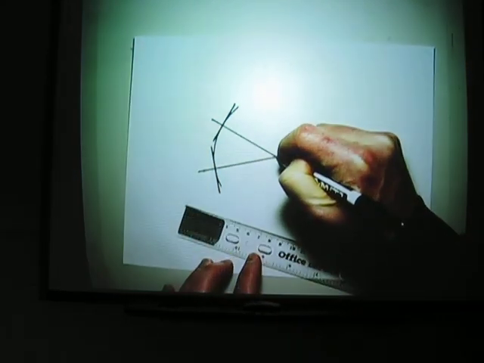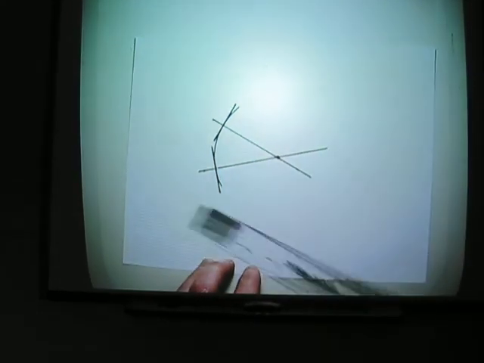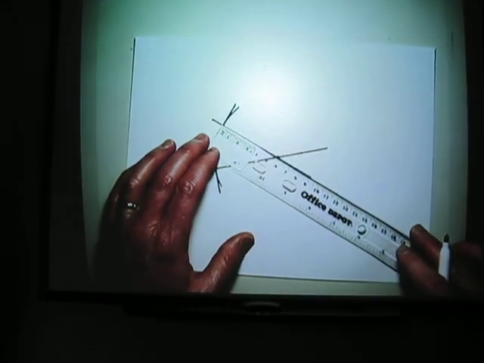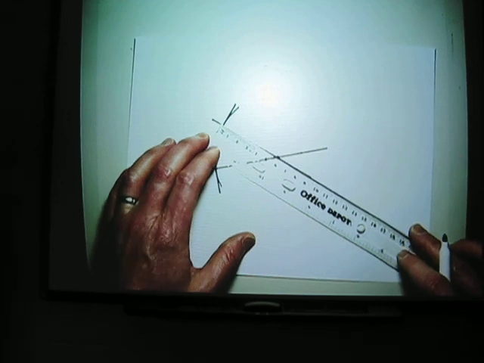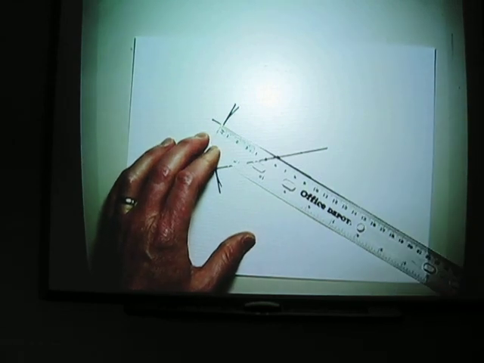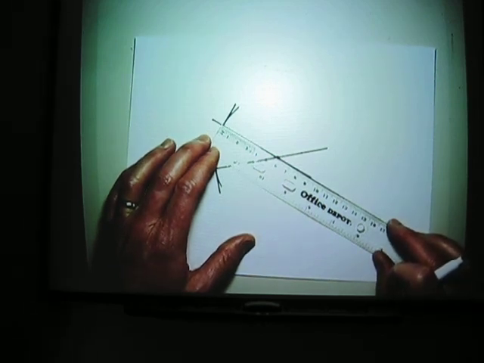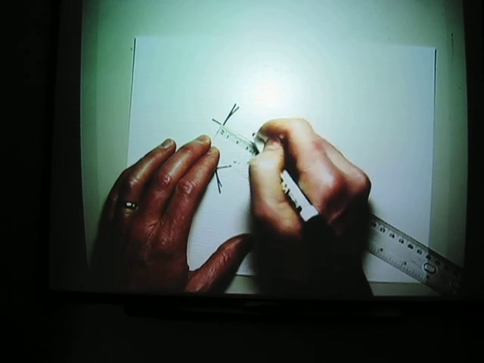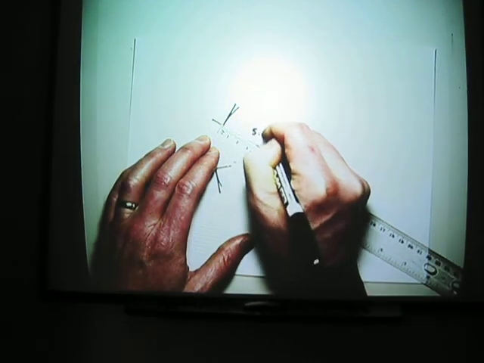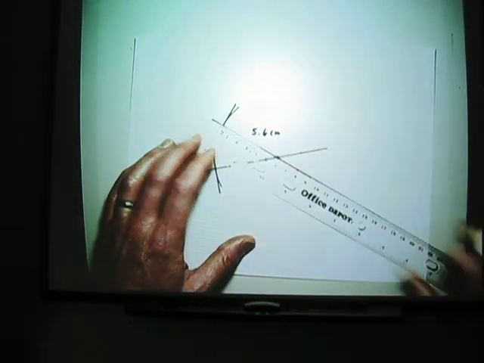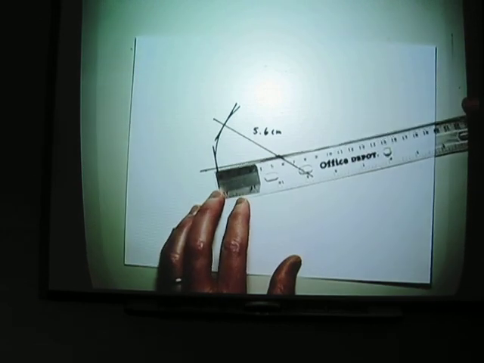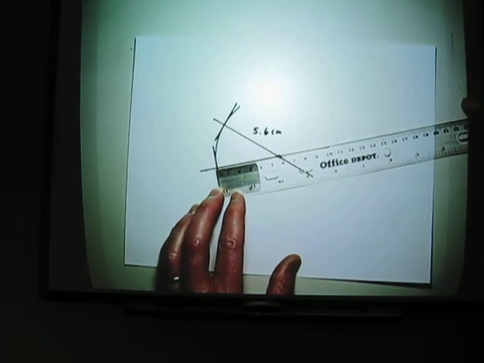So right here, so for the convex, let's see, I'm getting about 5.6 for this one. Yeah, also about 5.6.